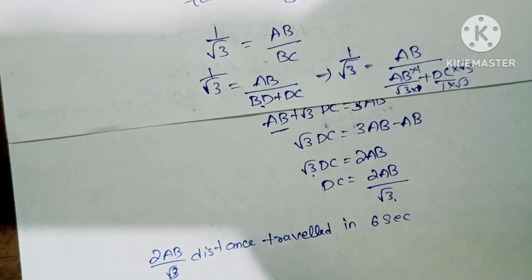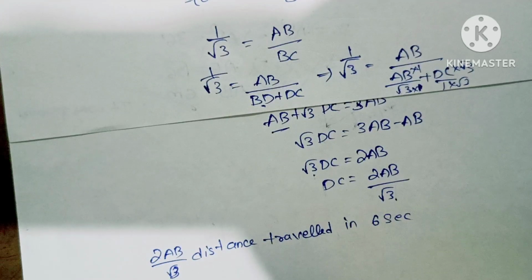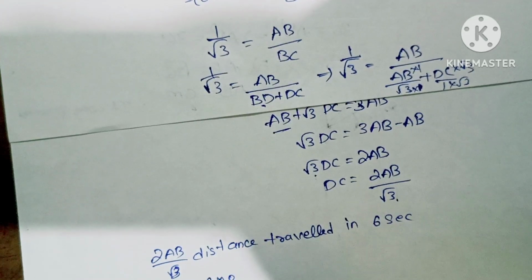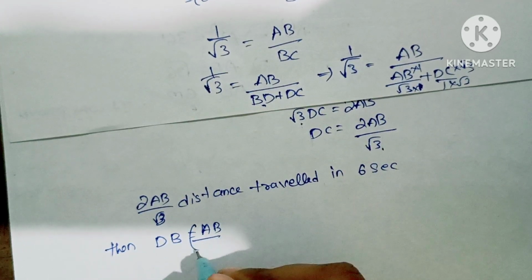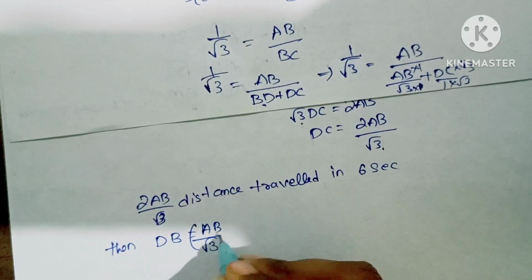DB equal to, DB means how much? AB by root 3.